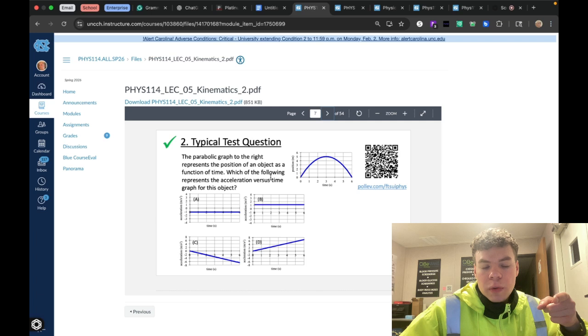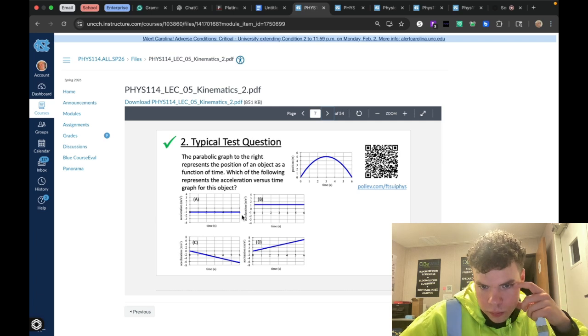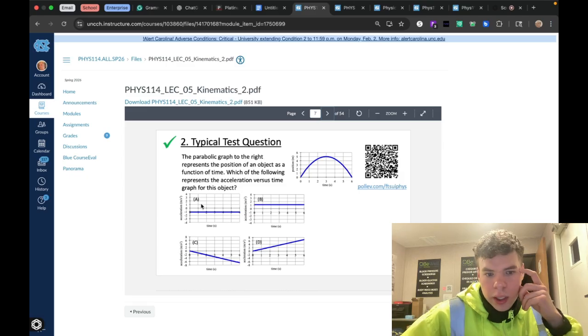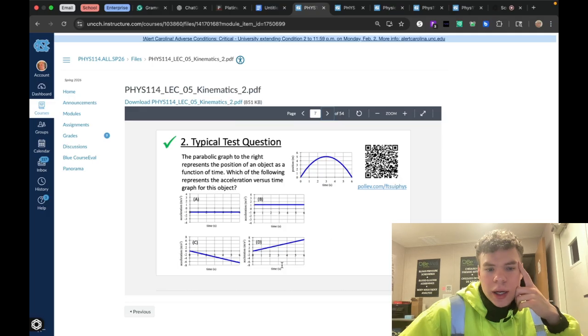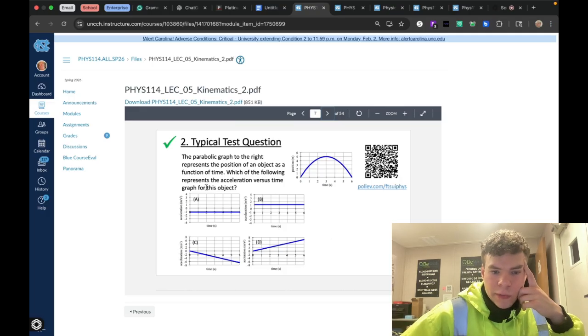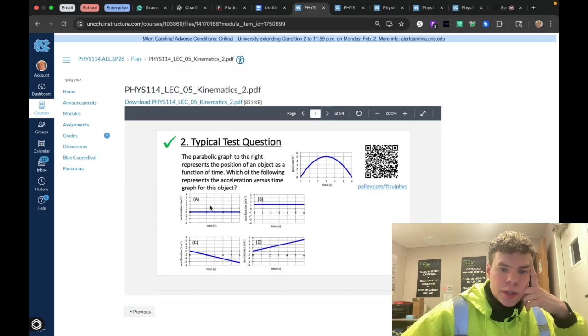So if it's asking which of the following represents the acceleration, it's a constant acceleration, and the acceleration is in the negative direction. In C and D the acceleration is changing, so it's not constant. So A and B would be the only choices. But remember, it's accelerating in the negative direction. So A would be the only correct answer here.